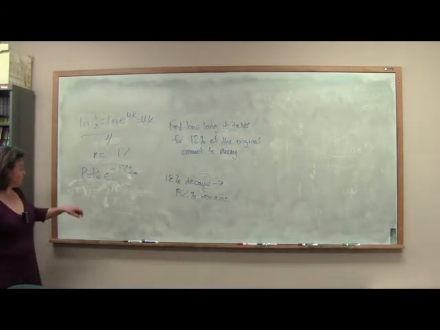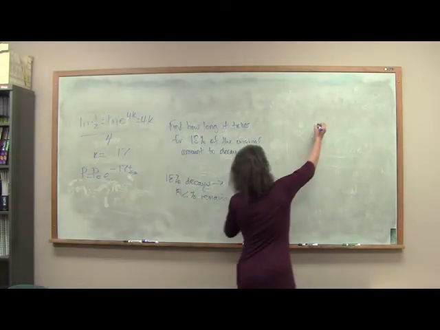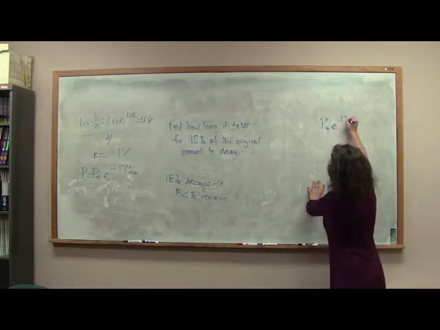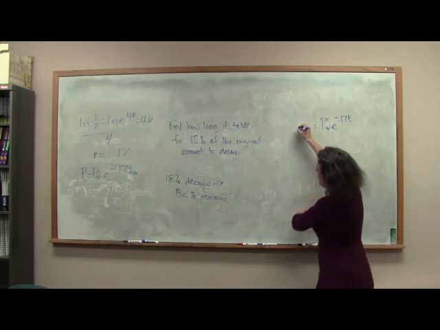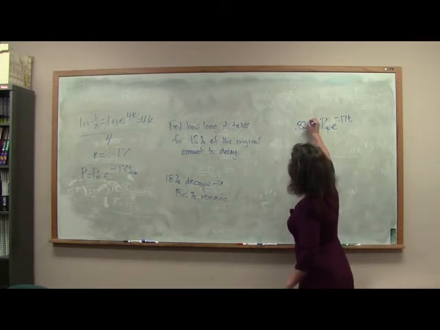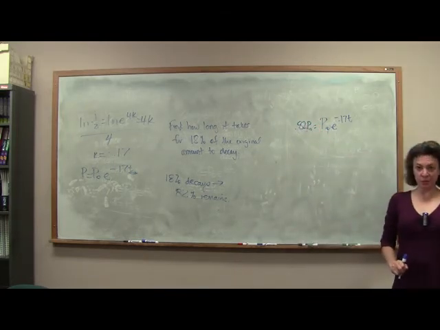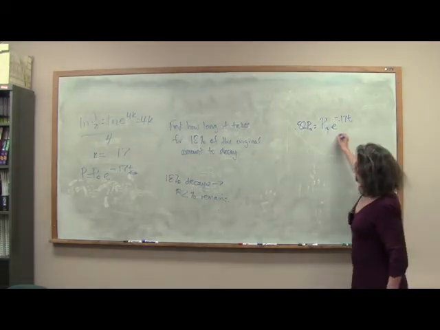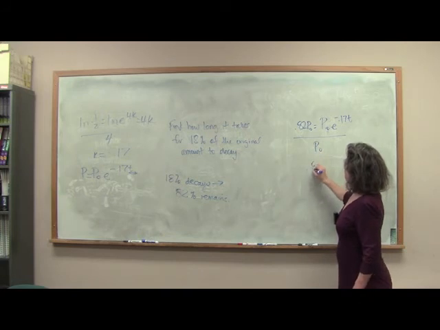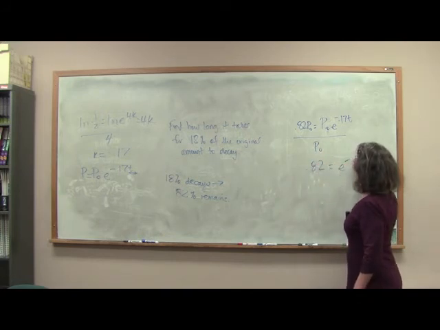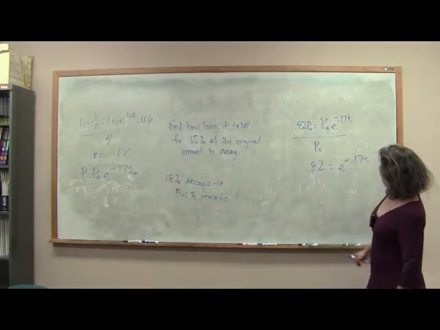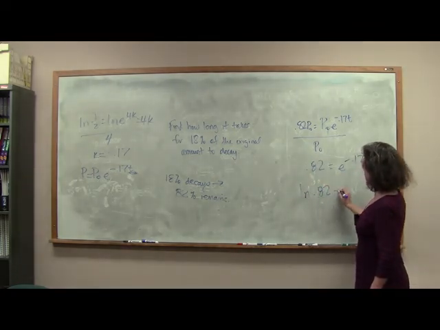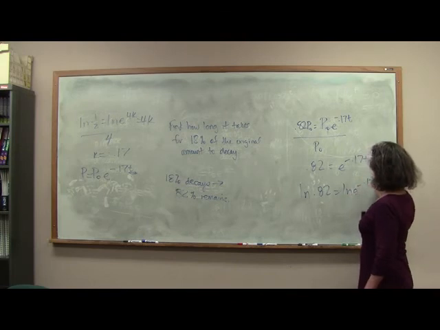That's the trick. In other words, we want to find the value of t so that we have 82% of the original amount remaining. Again, from here on out, you divide both sides by P sub 0, take the natural log of both sides.